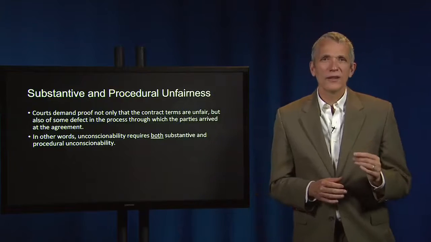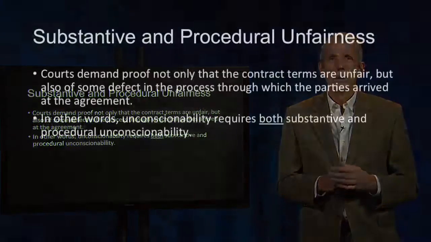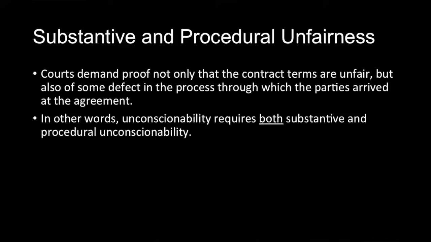While the consideration doctrine does not inquire into the adequacy of consideration, when courts decide unconscionability cases, they demand proof not only that the contract terms are substantively unfair, but they also require some procedural defect in the process through which the parties arrived at the agreement.